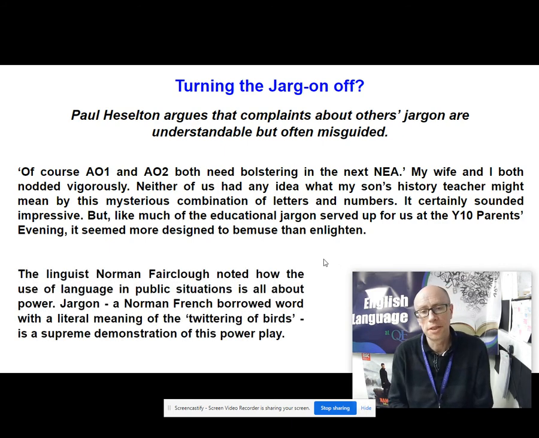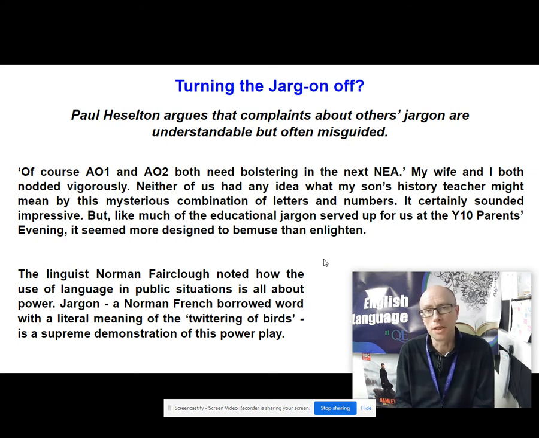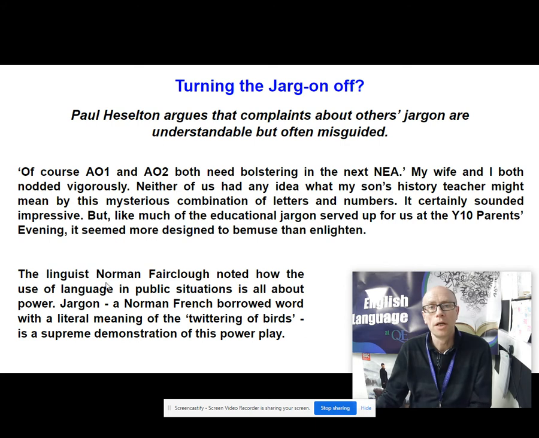"The linguist Norman Fairclough noted how the use of jargon in public situations is all about power. Jargon, a Norman French borrowed word with the literal meaning of the twittering of birds, is a supreme demonstration of this power play." Now, boom, you see straight away here how we're moving into AO2.